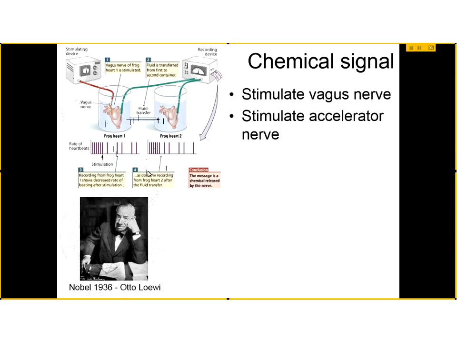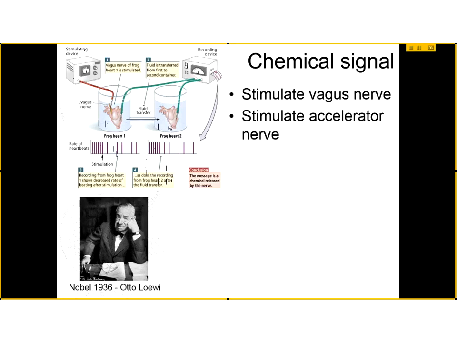And what he found is that the fluid, when it was transferred, decreased the rate of firing. So he was able to tell that this fluid, or the chemicals released because of stimulating this vagus nerve, caused the second heart to slow down, decrease in its firing rate. So this was evidence that there was some chemical signal.